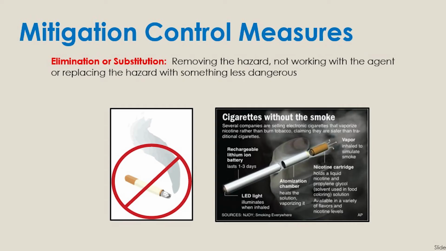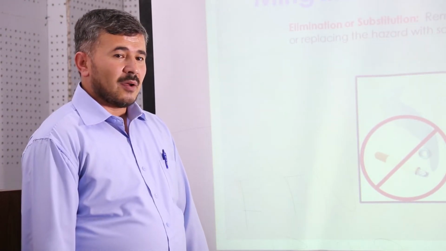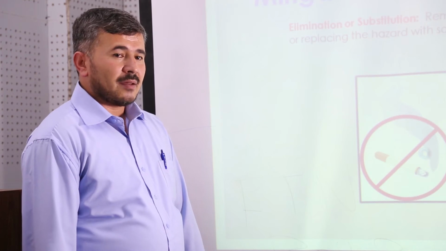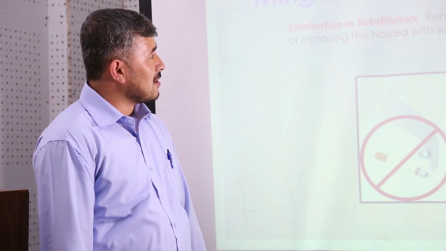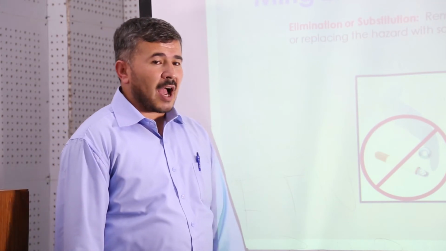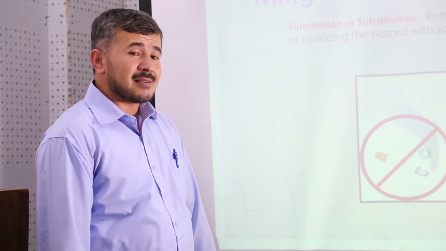What is the first strategy? Elimination or substitution. What does it mean? It means removing the hazard or not working with the agent, or sometimes replacing the hazard with something less dangerous.